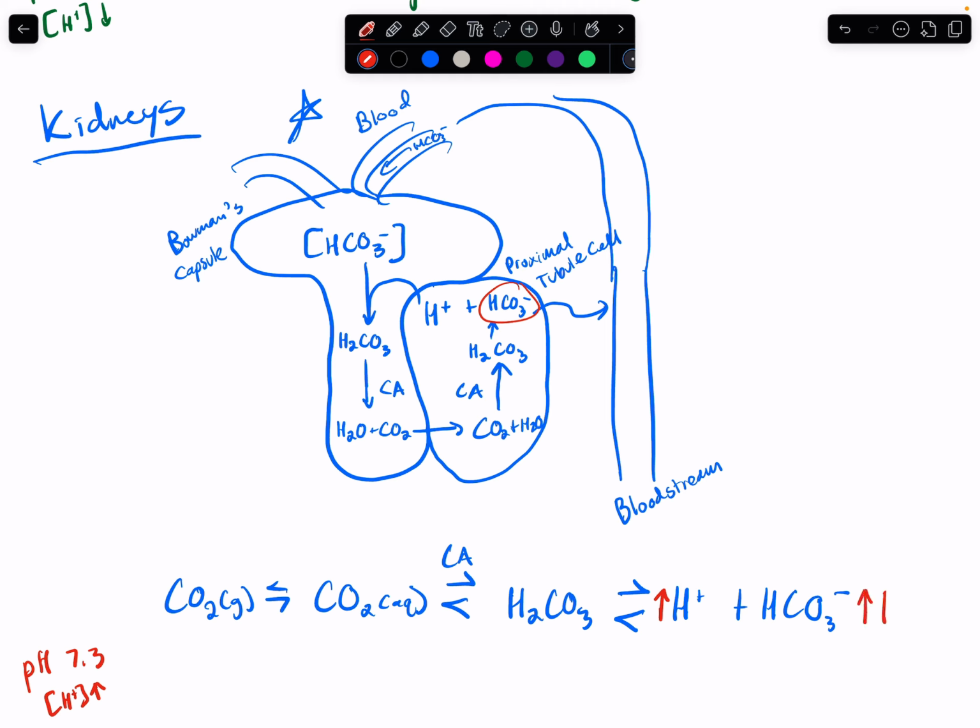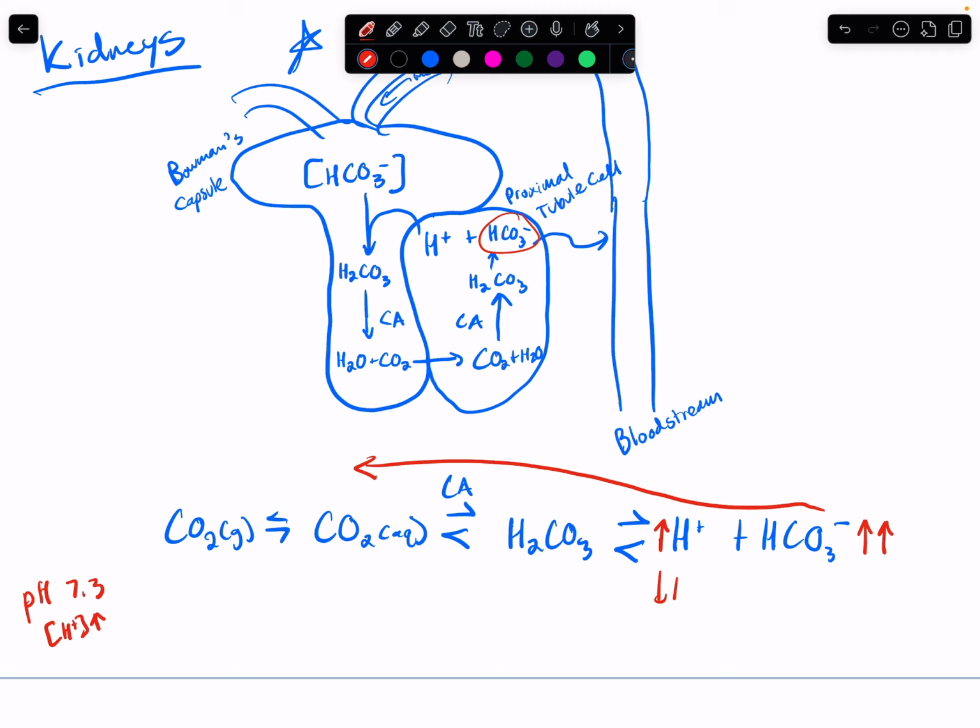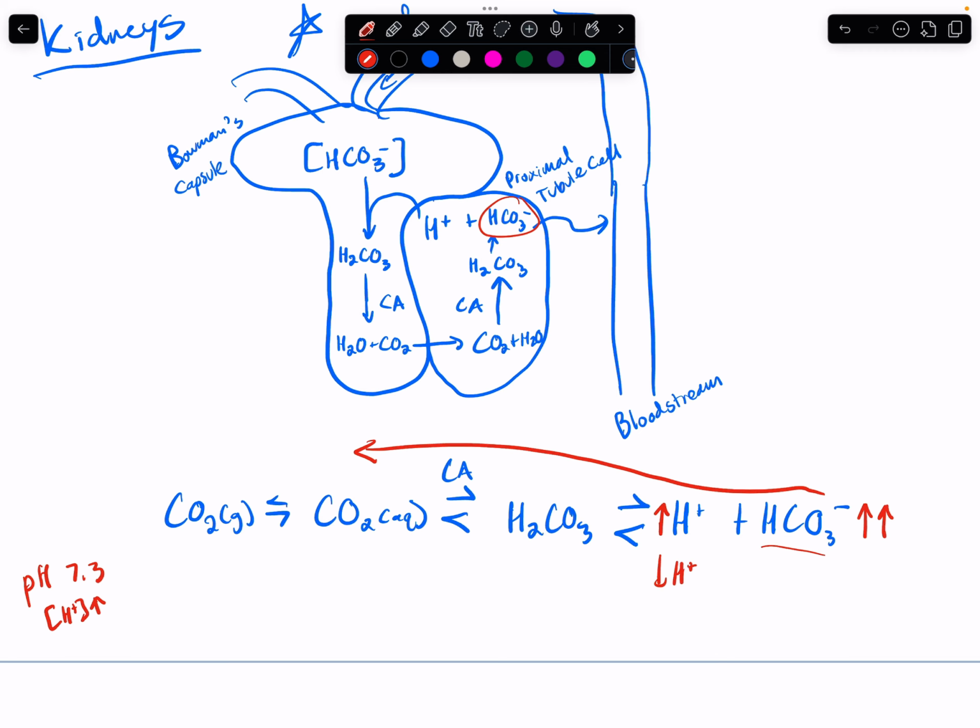If we add a lot of HCO3 to the bloodstream, this will shift the equilibrium towards the right and eventually decrease the amount of H+. So that makes sense. If we add more bicarbonate to the bloodstream, the equilibrium is going to shift to the right, and we're going to lose H+. If we lose H+, we're going to increase the pH, and hopefully we'll be back to around a pH of 7.4.